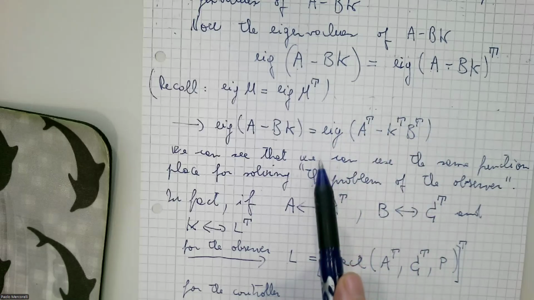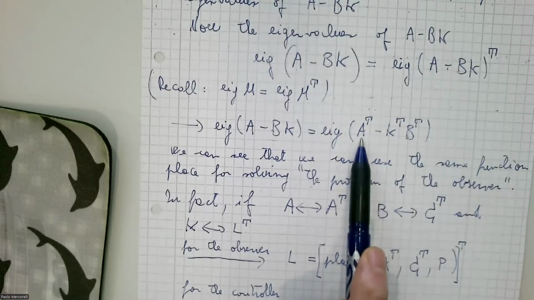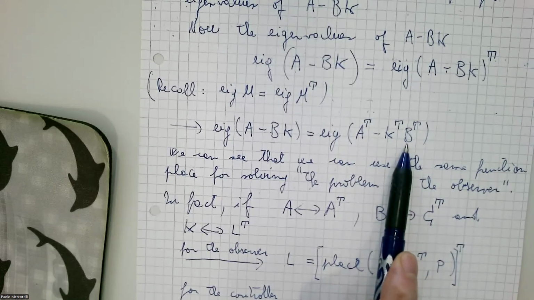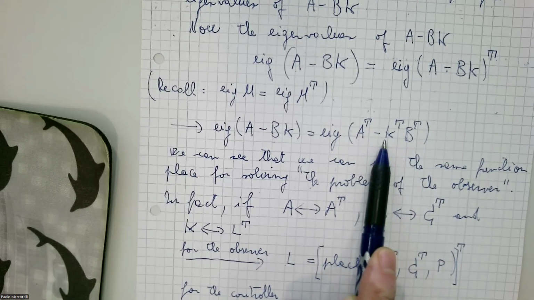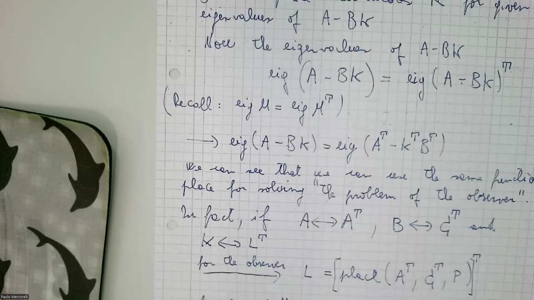Now we can understand a little bit better. This means I have to place the eigenvalues of A transposed with respect to C transposed to obtain L transposed. A little bit better, probably.